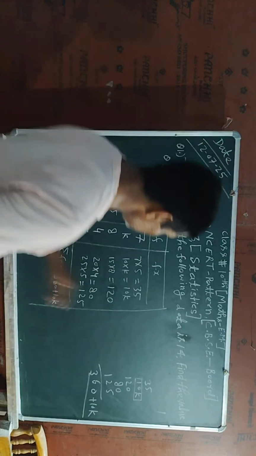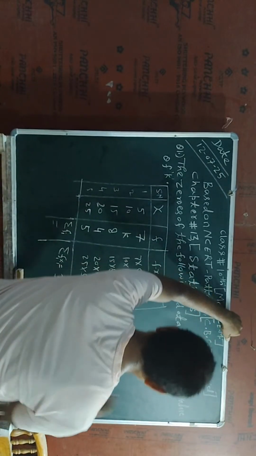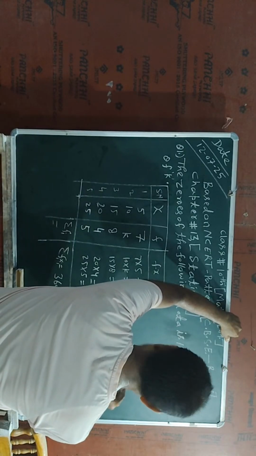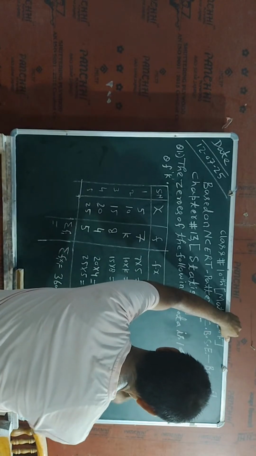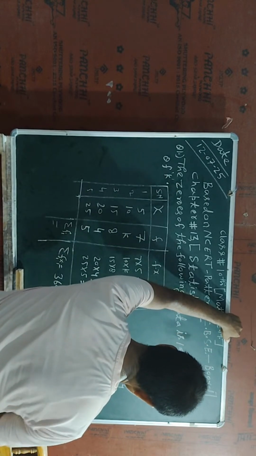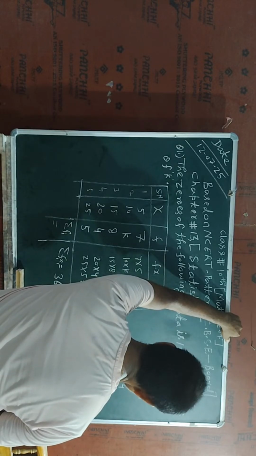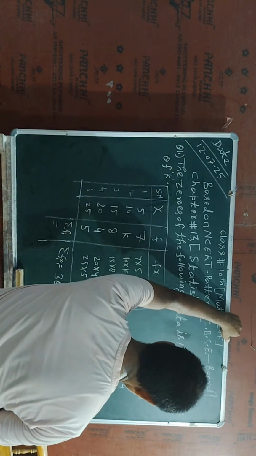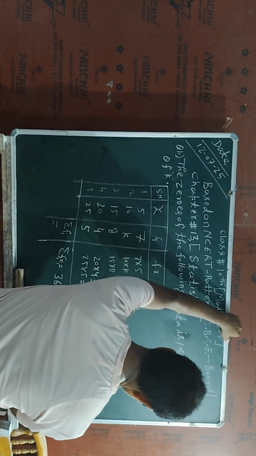Okay. Similarly, I will take the sum of frequencies, that is 7, k, 8, 4, 5. Again, k I will not add. 7 plus 8, 15. 15 plus 4 will be 19. 19 plus 5 will be 24. 24 plus 8.